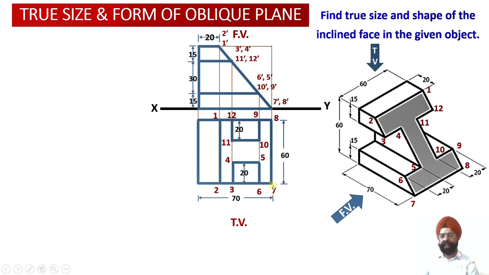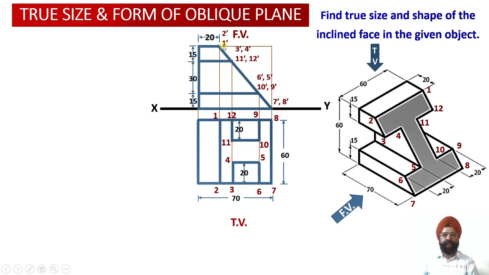And finally, points 7 and 8, so 7 dash and 8 dash, will be located along the edge view in the front view. As we are looking from this side, points 7 and 8 will be coinciding over here. And once these points coincide, we are able to get these 12 points along this particular edge view of the inclined cut section surface of the solid.